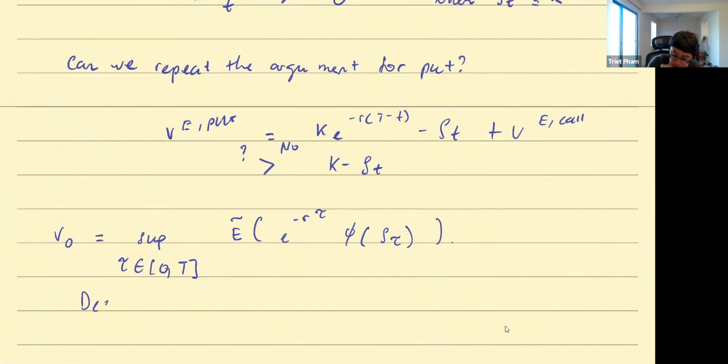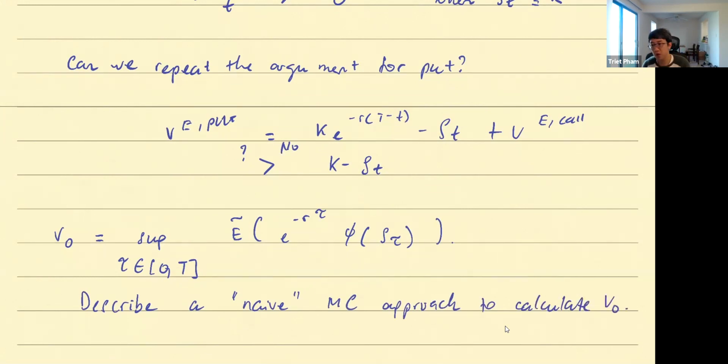Please describe a naive Monte Carlo approach to calculate V0. Suppose I have nothing better to do, so on the exam I give you this question: write pseudocode to calculate V0. How would you do so?